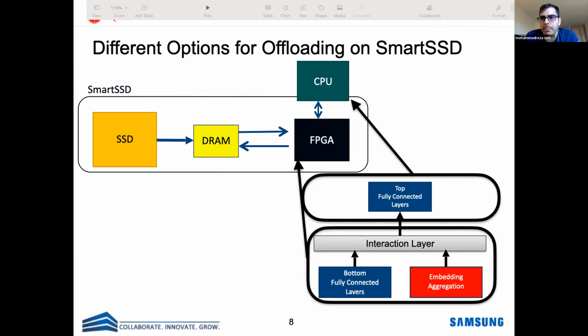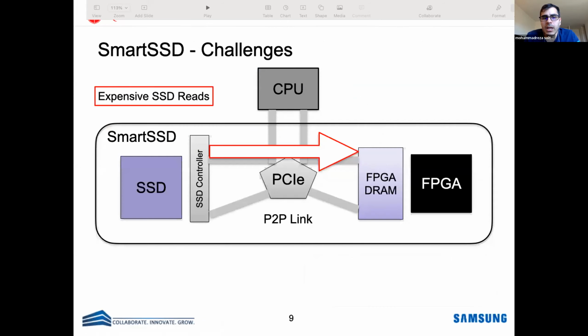From a storage perspective, we also have different options on the smart SSD. For smaller embedding tables, we use the FPGA DRAM to store the embedding tables, whereas for larger embedding tables, we can use the SSD.